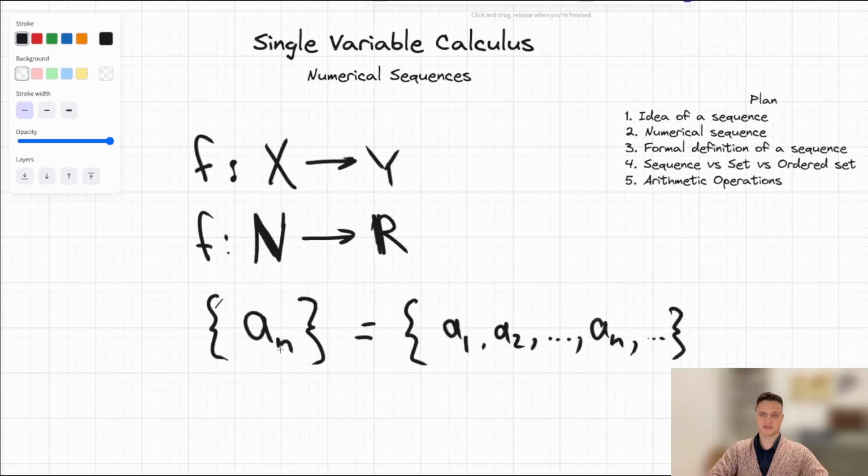So a_n represents a specific term in the sequence and is referred to as the nth term of the sequence, where n is the order or the index. Pronunciation tip: we read a_n as "a sub n". Sub means index at the bottom. So a sub n, where n is the index, and a sub n is the term.